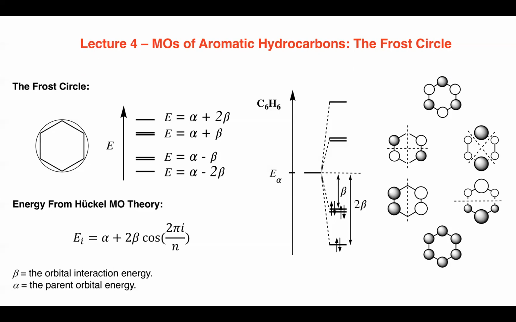The Frost circle is a very simple way to put together a molecular orbital diagram and the relative energy spacings and the degeneracies of aromatic molecules. So if you just take a circle and then draw the shape of the ring inside of that circle with the point of the ring facing downward, you end up with something that estimates the orbital spacing.